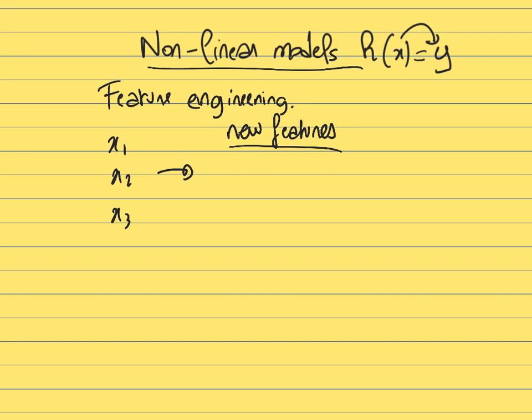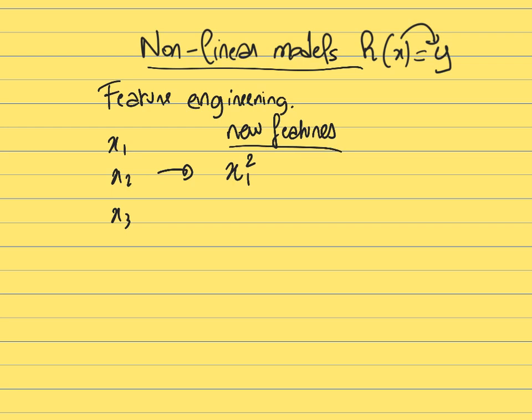So for example, if you want to transform a linear into a non-linear problem, the first thing that you can do is to introduce some quadratic features. For example, you can say x1, you're going to also transform it into x1 square, and you are going to add x1 square to x1, x2, x3.